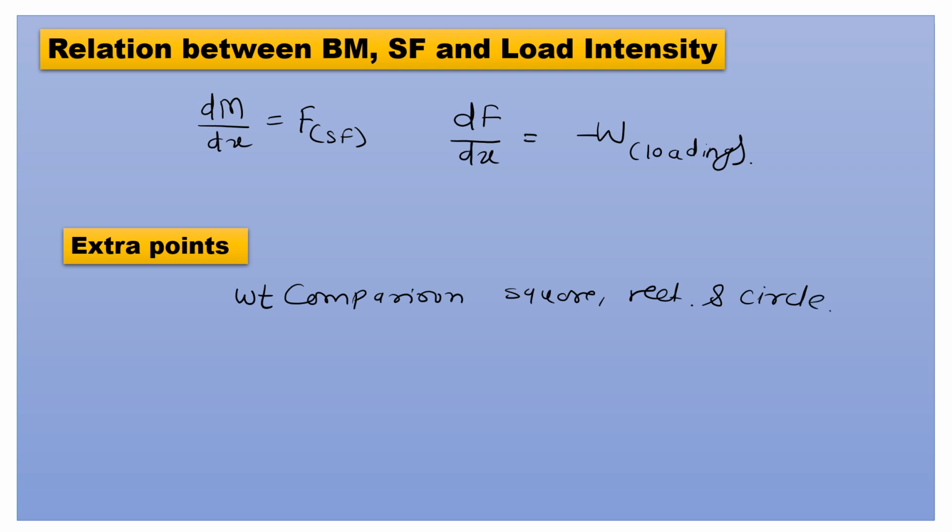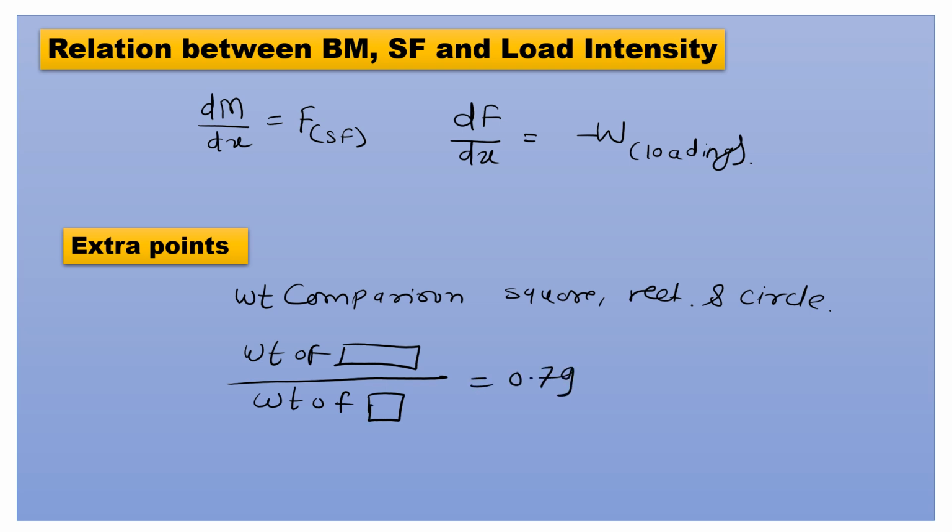So the weight of rectangle to the weight of square is equal to 0.79, and next the weight of circle to weight of square is equal to 1.11. So these both are important values, and this question is also asked in exam.